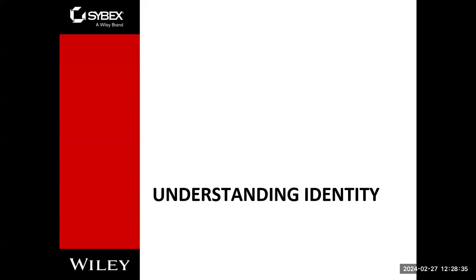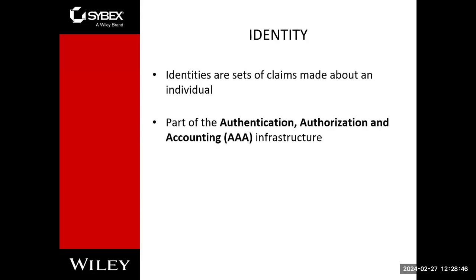So the next thing we're going to get into is understanding identity. So saying who you are, being able to identify what your job purposes are, what your roles are, etc. Identities are a set of claims made about an individual. A big piece of this is what we call AAA: authentication, authorization, and accounting. You'll also hear the phrase IAM thrown around a lot. Identity and access management is what IAM stands for.